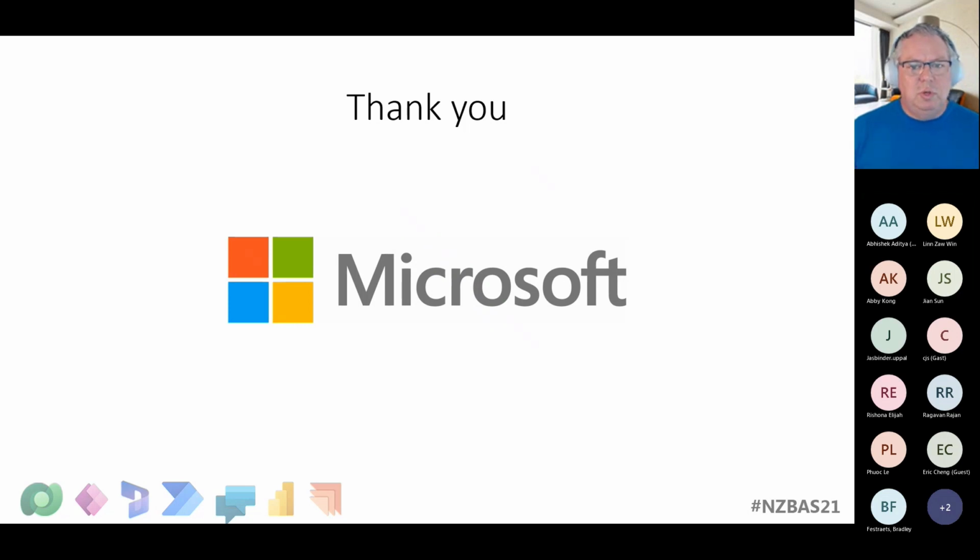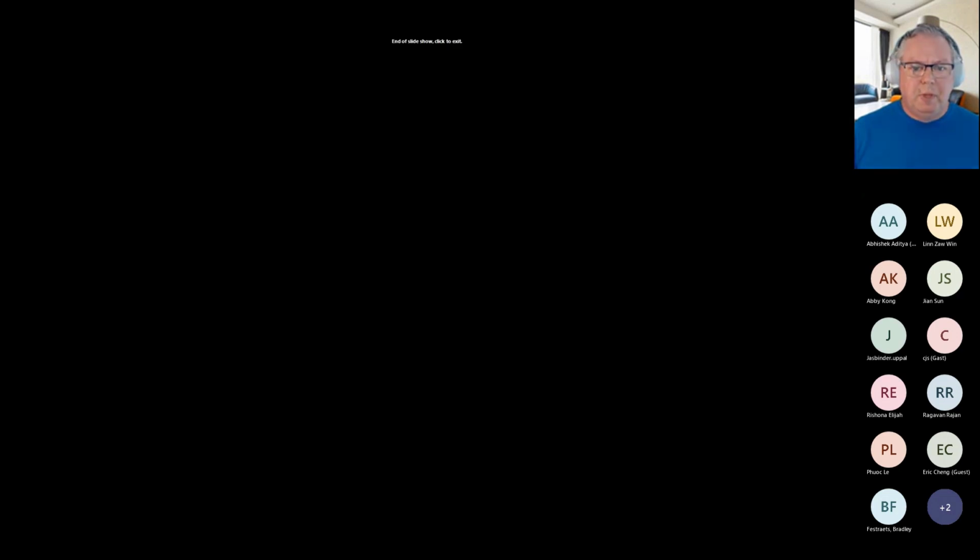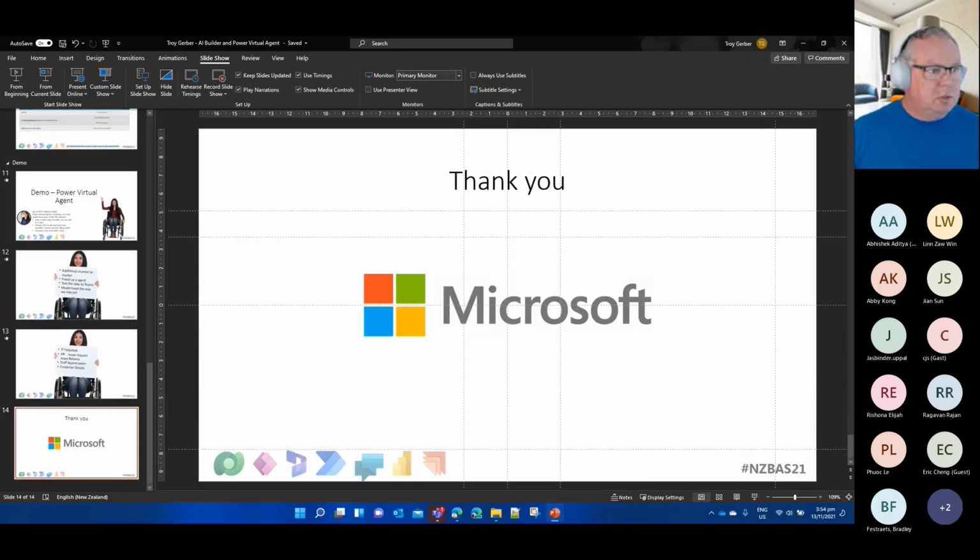Once you know what you want to do and can calculate the ROI, which is easy using things like the calculator, you can go back to the business and easily justify using something like the bot framework or AI Builder to enhance the solutions you're building in Power Platform. That is my story for the day.